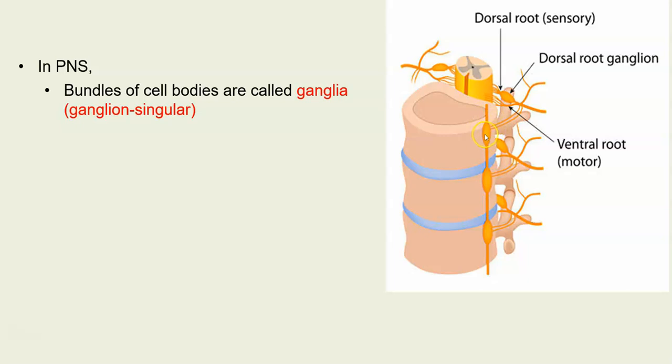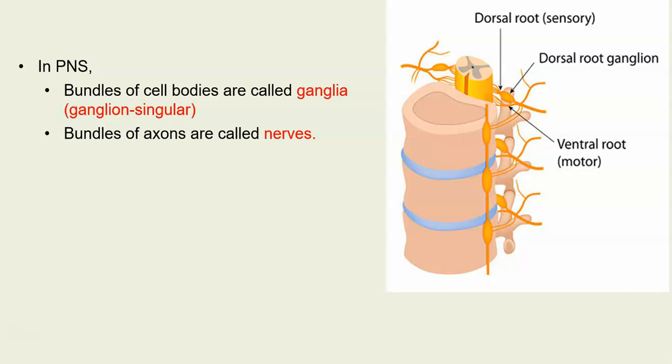This is called the dorsal root ganglion, the word for one of them. Ganglia would be several of those. In this location, in the peripheral nervous system outside of the spinal cord, you're seeing a bunch of cell bodies gang up. And then if you get a bunch of axons, they're called nerves. Your cranial nerves are actually part of the peripheral nervous system, because a nerve is just a bunch of those axons together.